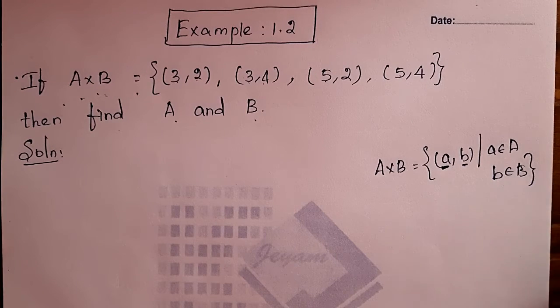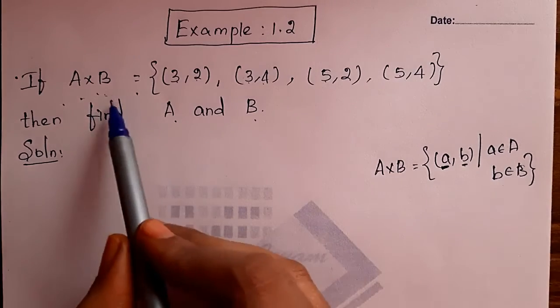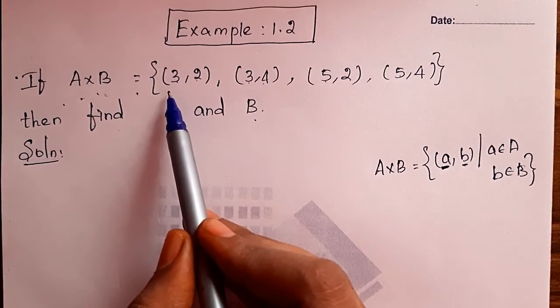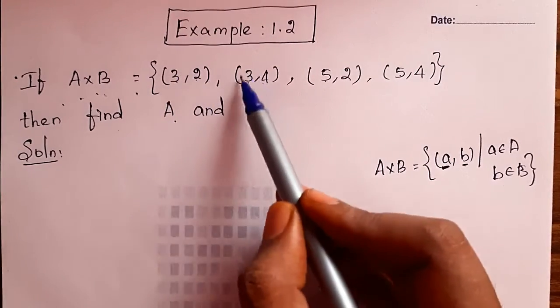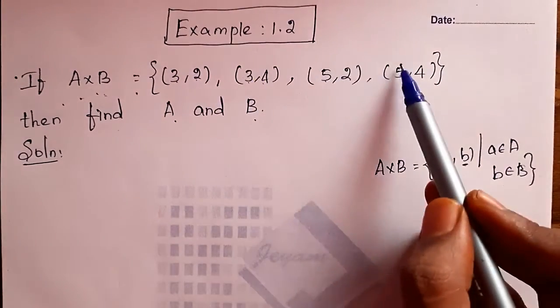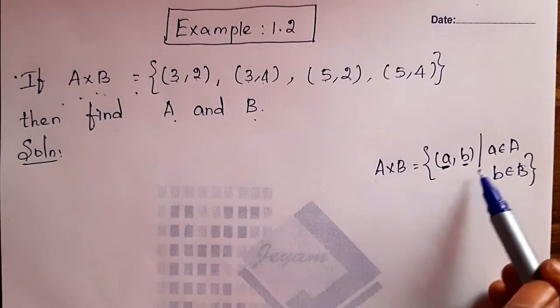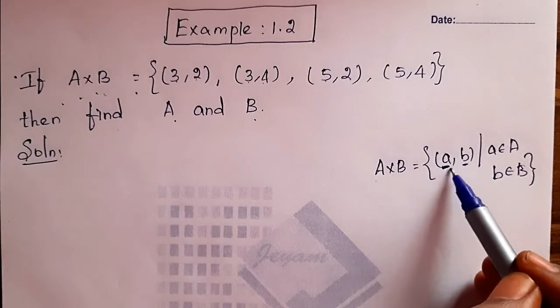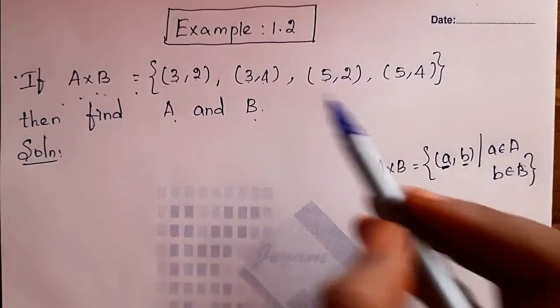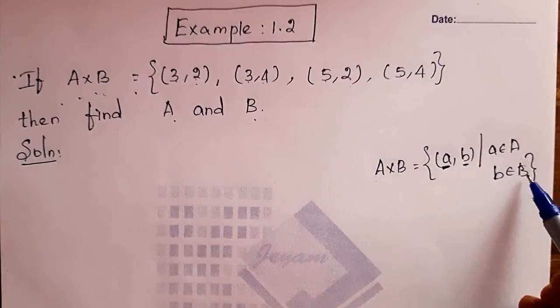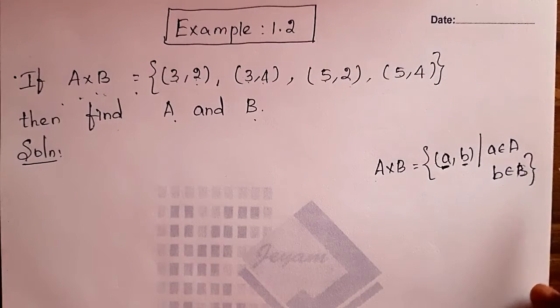So from that Cartesian product we can pick up the first coordinates, otherwise first elements, that is known as set A, because all the a belong to capital A. If you pick all the second elements, that is from set B. That's all.